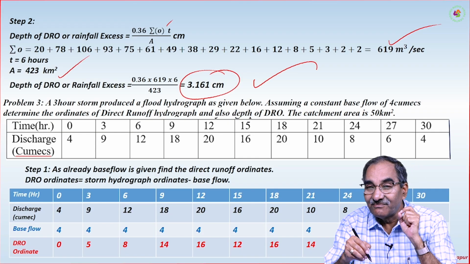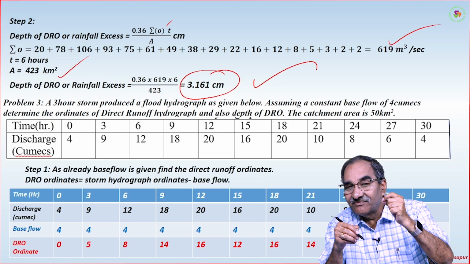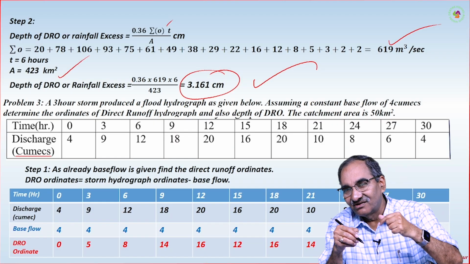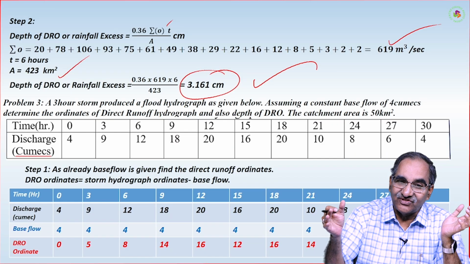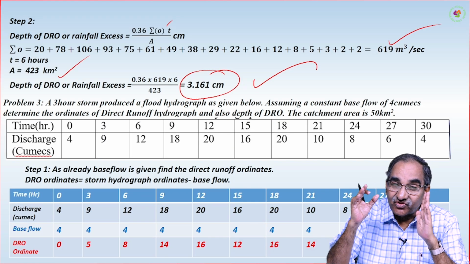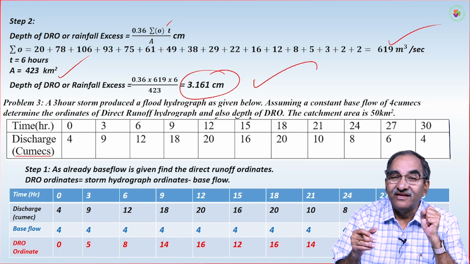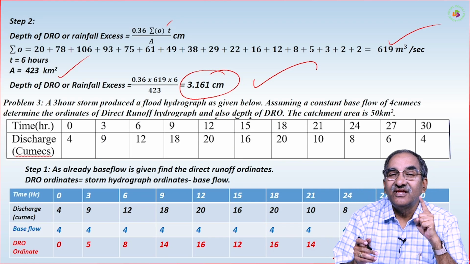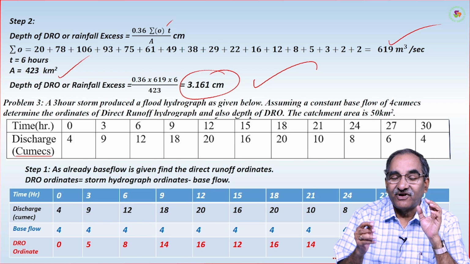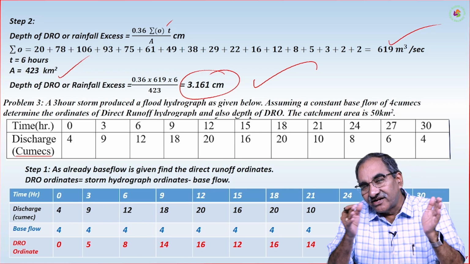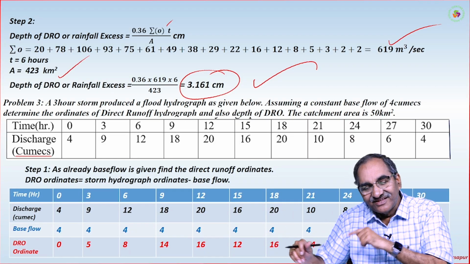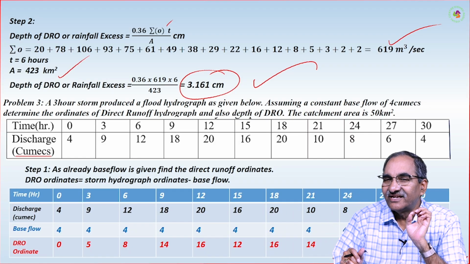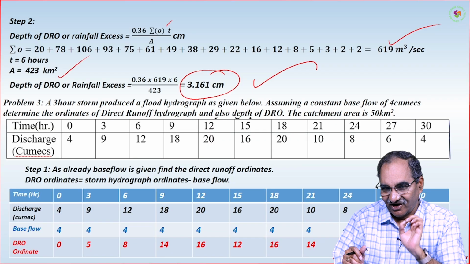Remember this point because this will be the starting point for the next lecture. Right? The entire direct runoff, whatever ordinates you got, corresponds to how much runoff? It is 3.161 centimeters of runoff. That means the entire ordinate of direct runoff results in 3.161 centimeters of runoff.